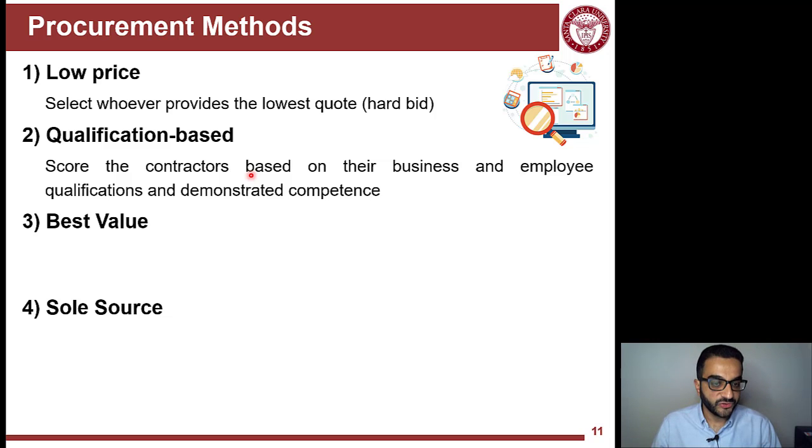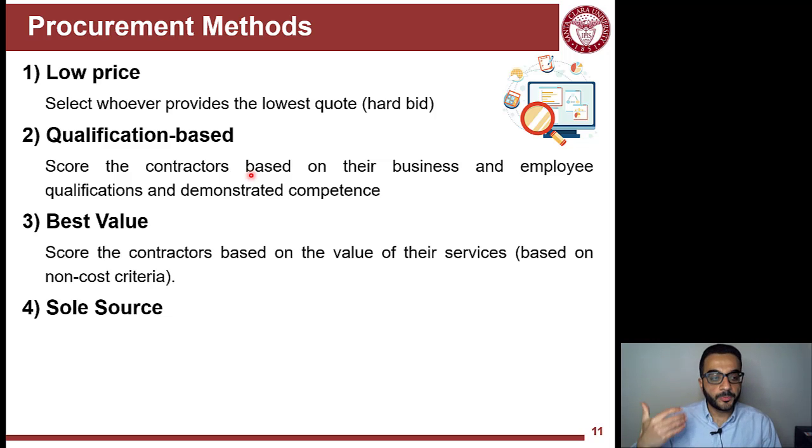Or another way is best value. So what is your perceived value of the services provided by different plumbers, and then you select based on that. So you're not thinking that much about cost, but you're selecting based on the innovation of how they're going to do the work, or how it fits your criteria of how that toilet will be fixed, right? So that's the best value. You're selecting based on the best value provided.